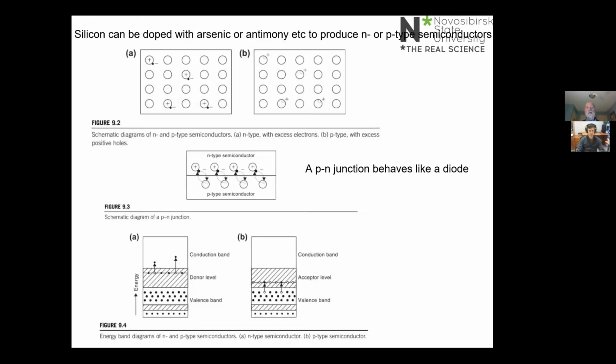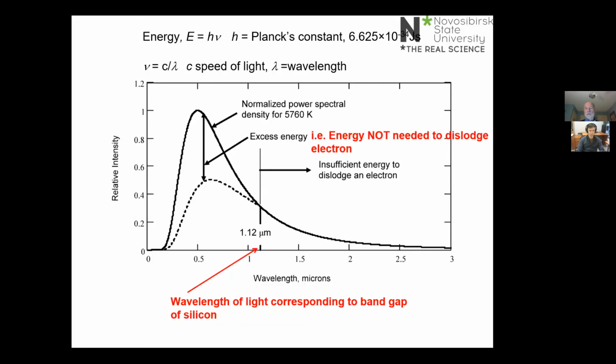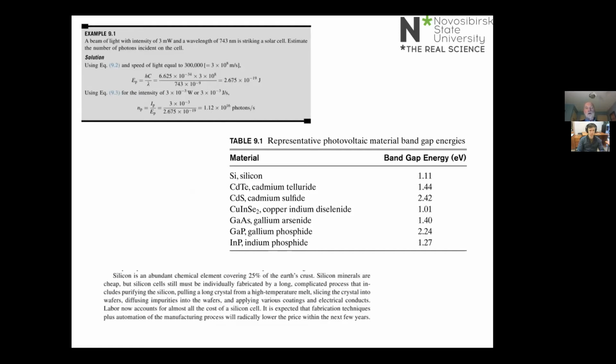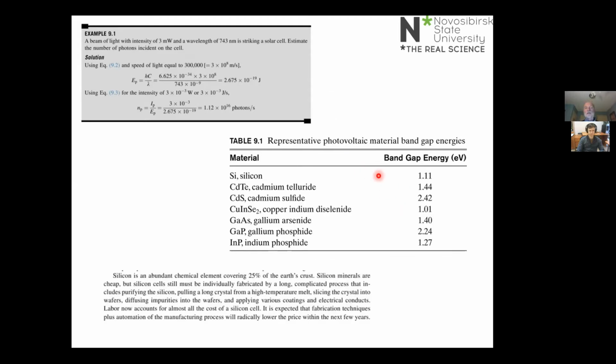And that has a very big impact on the way in which photovoltaics operate, because if you look at the various materials here, you can see the magnitude of the band gap. And silicon has a relatively small band gap, which together with the fact that it is a very common element on the Earth, is one of the reasons why it's used extensively for photovoltaic systems.